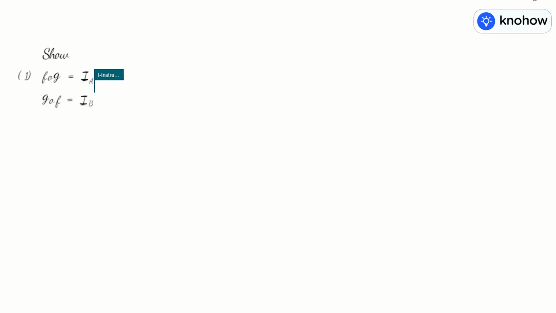Now before I proceed further, let me tell you what it means when he says given is a set A equal to R, the set of real numbers except 3 by 5. See here, Gx is defined from set A to B. In Gx, what is the denominator? 5x minus 3.